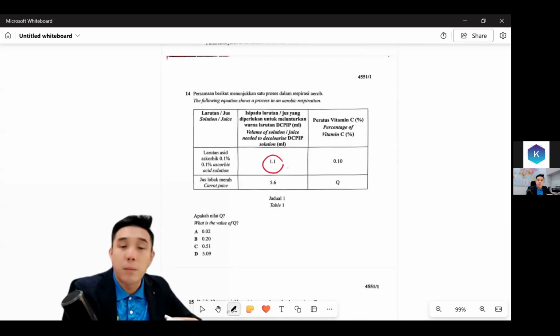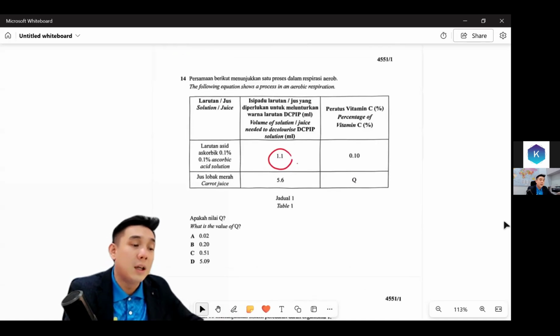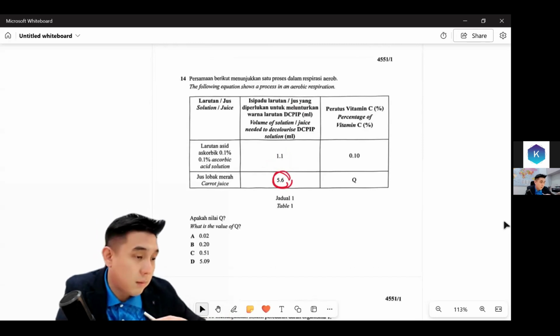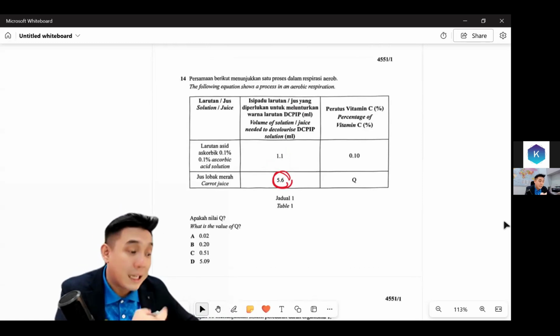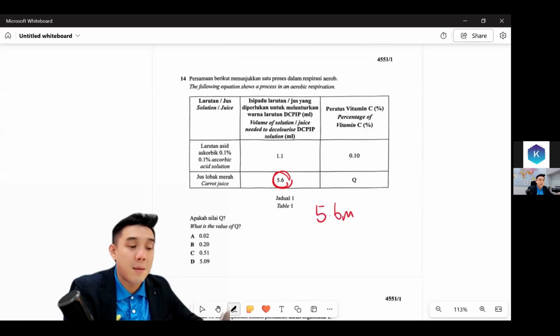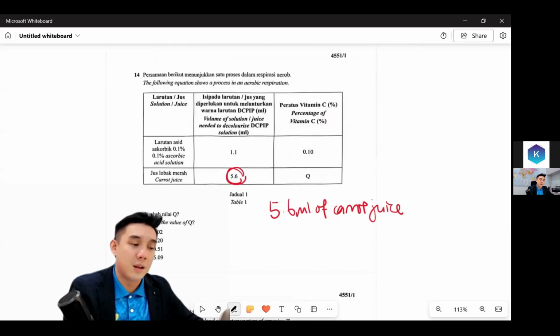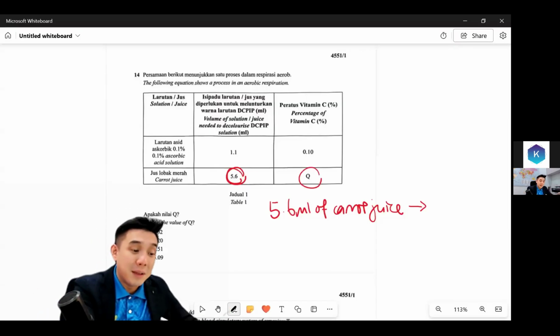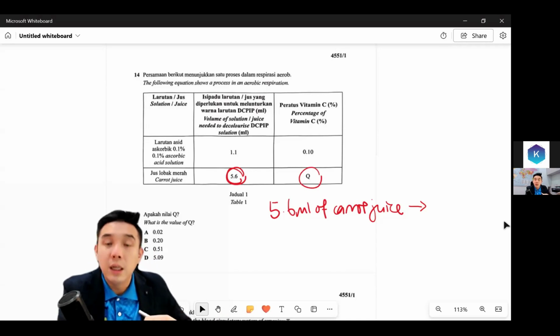Guys, if I need 5.6 ml of DCPIP to decolorize the carrot juice, it means in the carrot juice, it contains a certain percentage of vitamin C. Now, guys, you have to be very careful here.